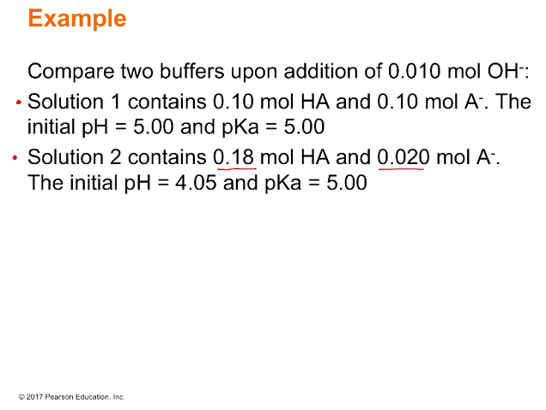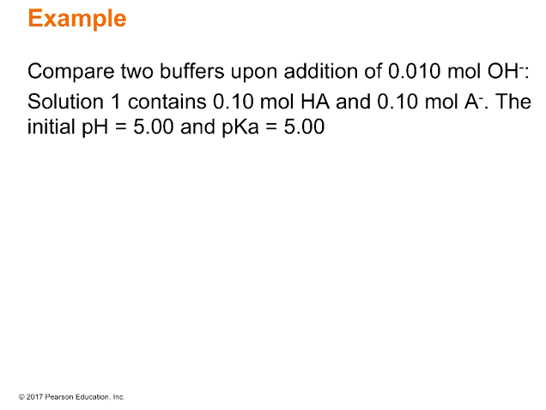Okay, so let's start with solution 1. And we're going to write out the equation for the acid and the base that's added. So again, the base is going to grab onto the hydrogen on the acid, so we'll end up with H2O as one of our products.